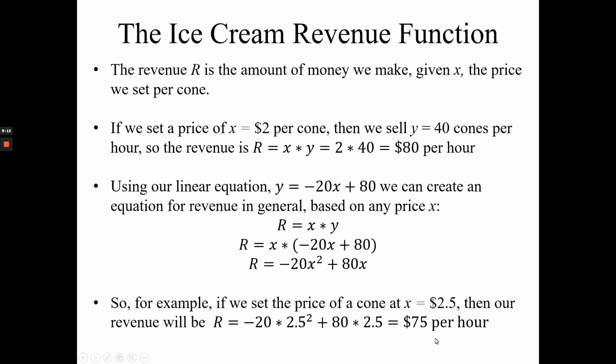And if we increase the price, we actually bring in less money because we sell fewer cones. So the revenue per hour goes down to $75 per hour. So maybe we don't want to do that. We haven't talked about costs or profits or anything, but this is how we can do it. Revenue can be calculated by multiplying the number of cones we sell, y, times the dollars per cone, x.